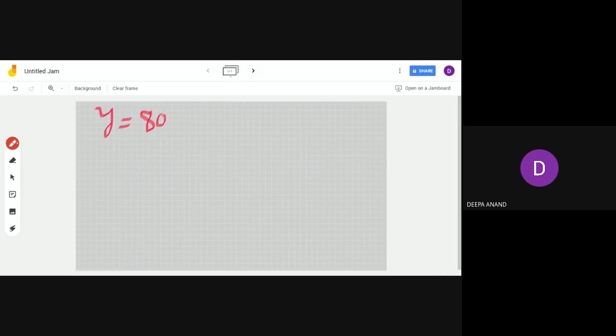Consumption expenditure is rupees 64. Everything is in crores. Find out average propensity to save.